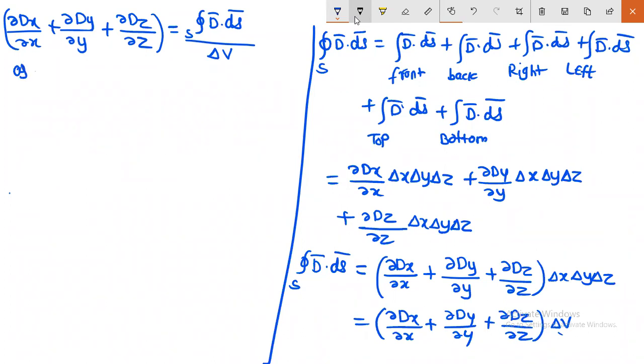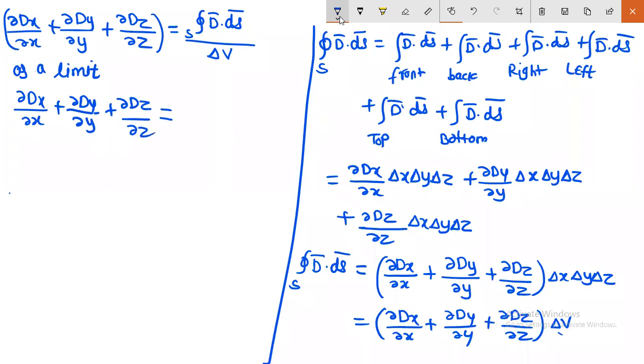So as a limit, when we are taking the limit, it can be expressed as del Dx by del x plus del Dy by del y plus del Dz by del z is equal to, now we have to take the limit as this delta v tends to 0 of this closed surface integral of D bar dot dS bar divided by delta v.